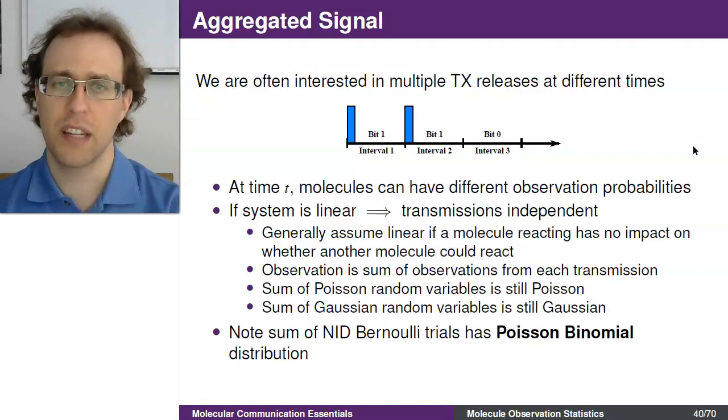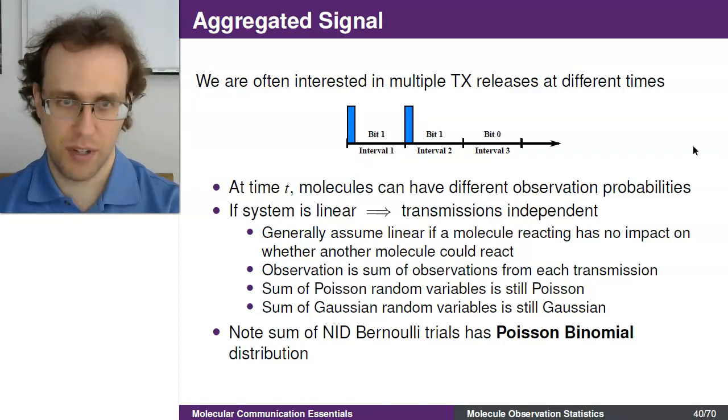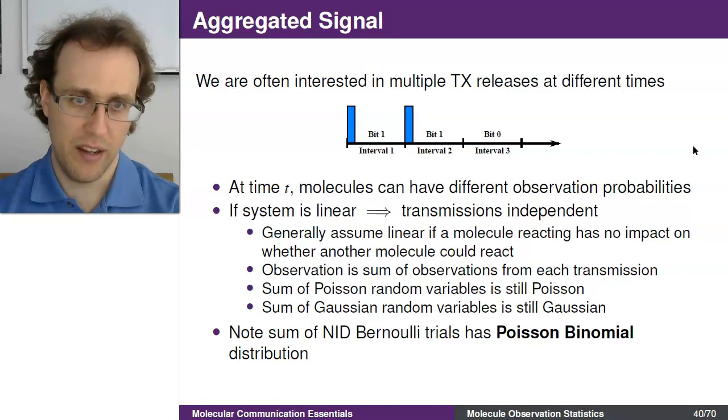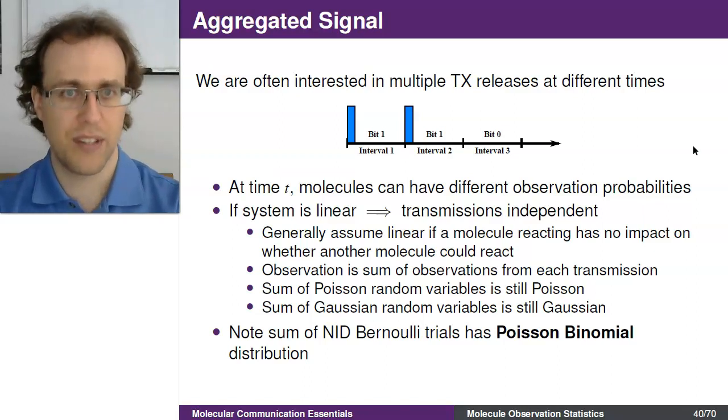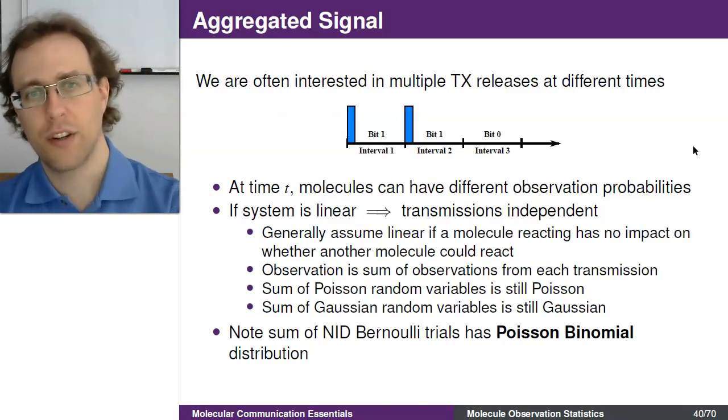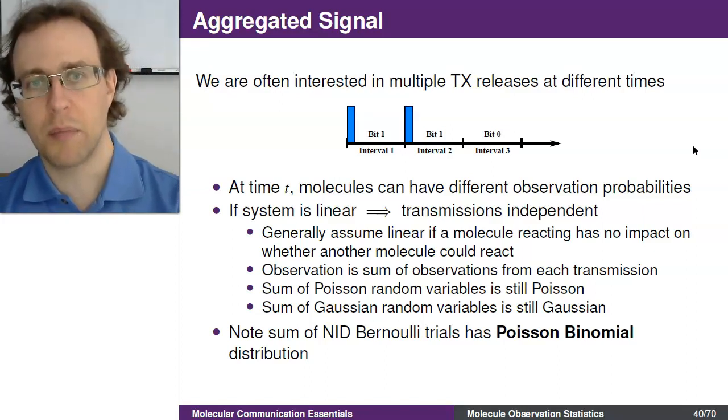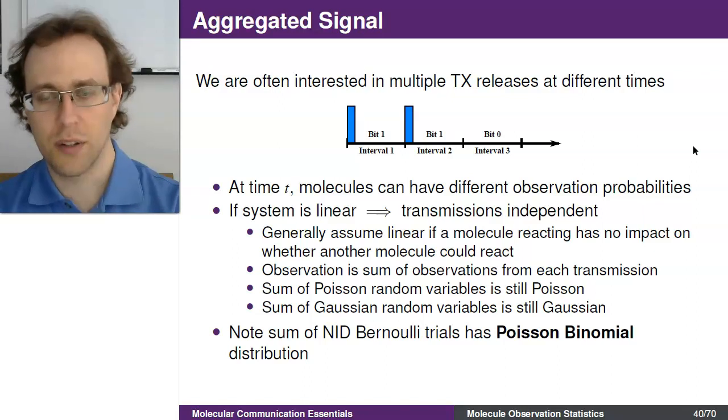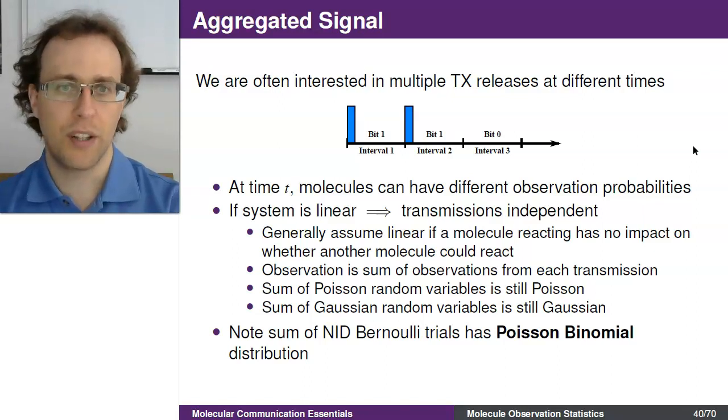Now, if you were to look at this particular scenario with multiple transmissions and start back from Bernoulli again and try to go through the same series of assumptions, you're going to have a problem because the underlying probabilities associated with each molecule will not be identically distributed.